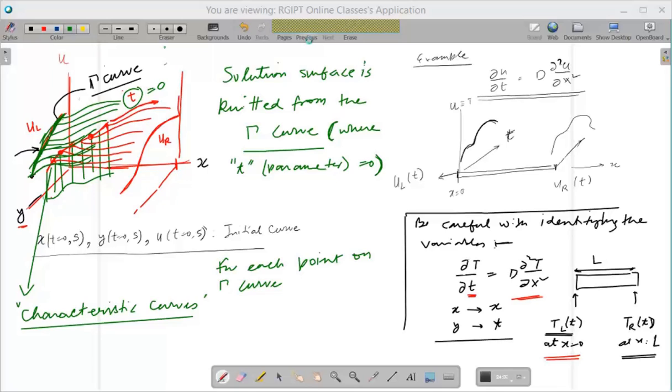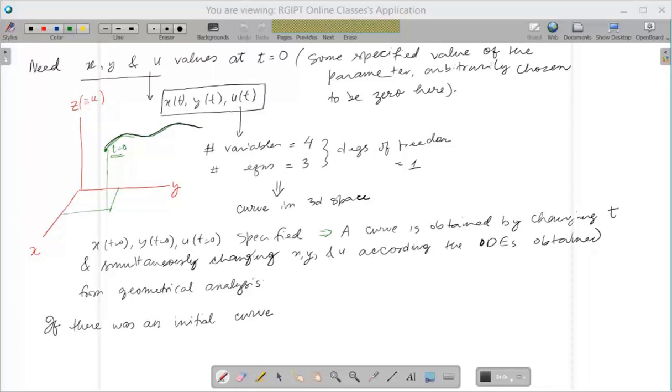These numbers, x at t equal to 0, y at t equal to 0, and u at t equal to 0, will be different if I choose a different point on the gamma curve. So I have two different points on the gamma curve, meaning their coordinates are different. And from each of these two gamma curve points, I can solve for x, y, and u, and therefore get a curve which I'm going to call a characteristic curve.